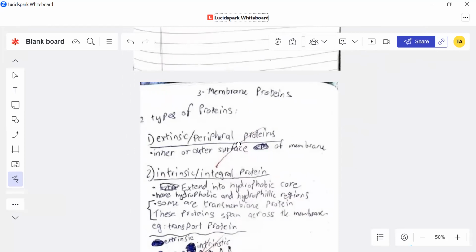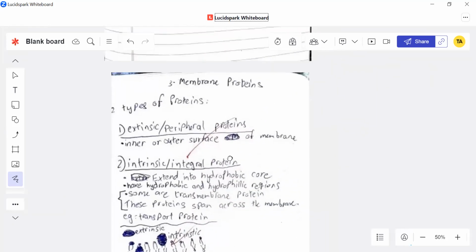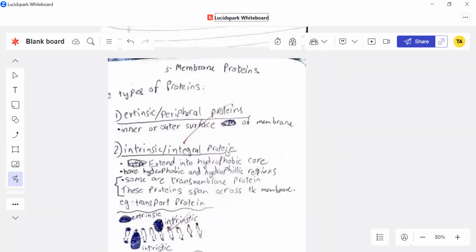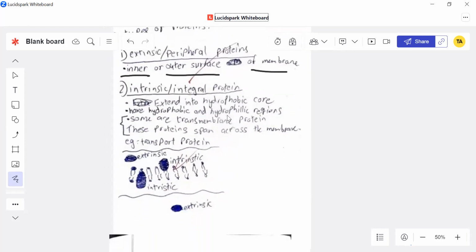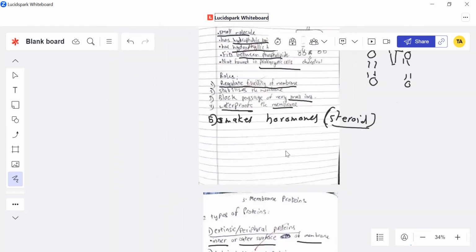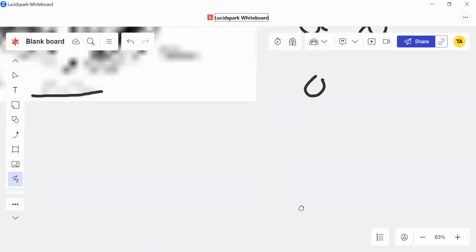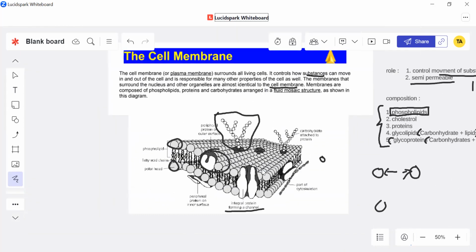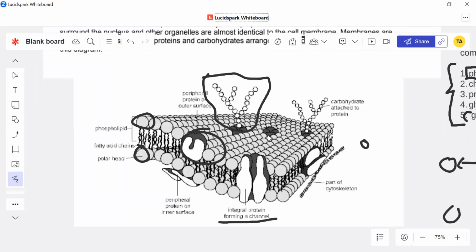So moving on to proteins. There are two types of protein in the cell membrane, the extrinsic or peripheral proteins, which are on the inner or outer surface of the membrane. Let me go to right here. So you can see there are these proteins.